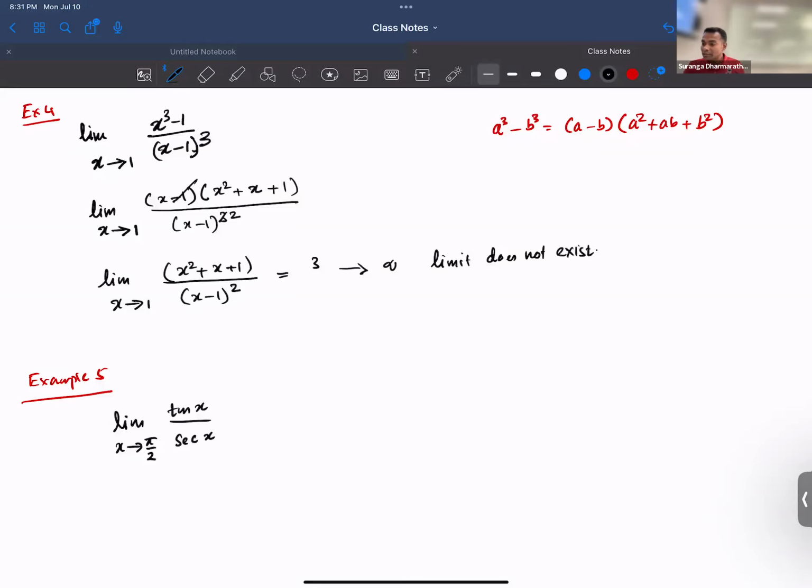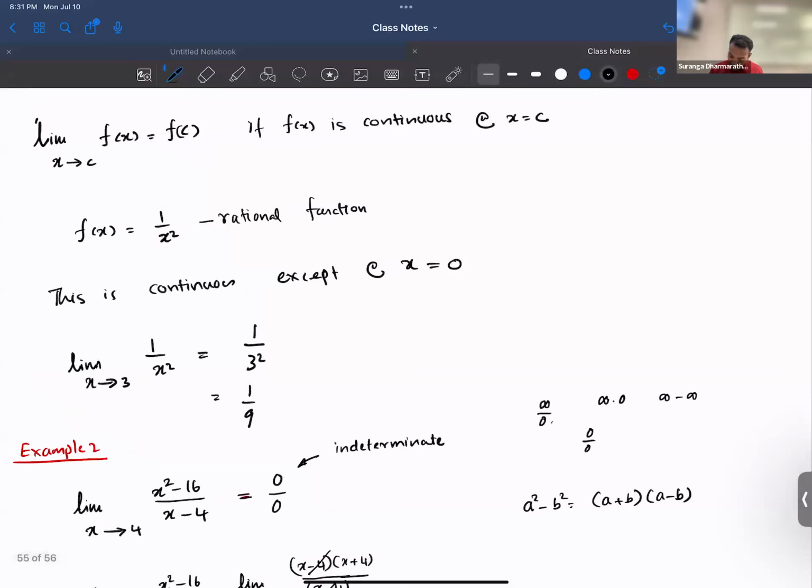So for indeterminate cases, I need to add this one also. I think I didn't add that previously. This includes infinity over infinity as well. Okay. All weird cases: 0 over 0, infinity over infinity, infinity times 0, and infinity minus infinity.